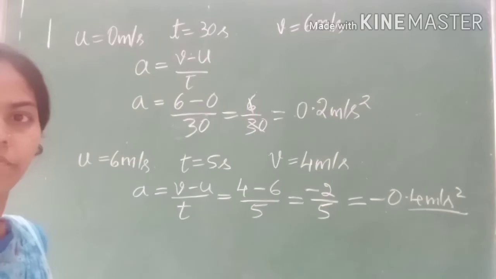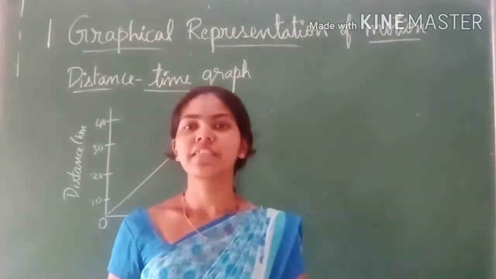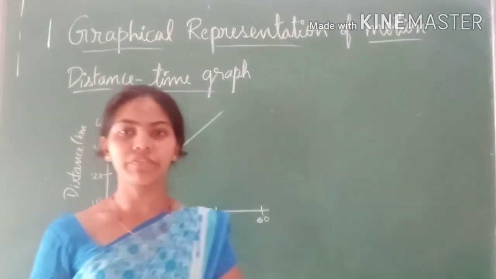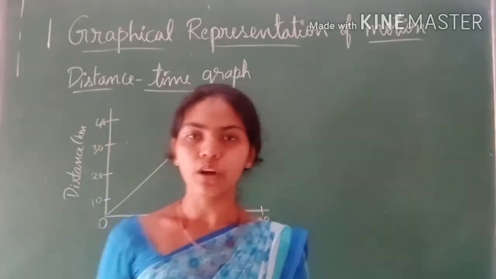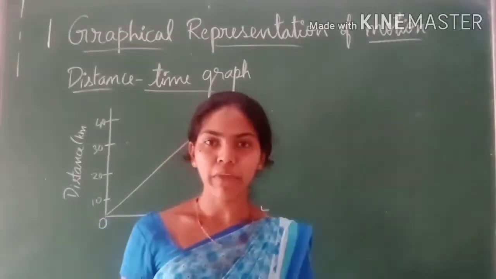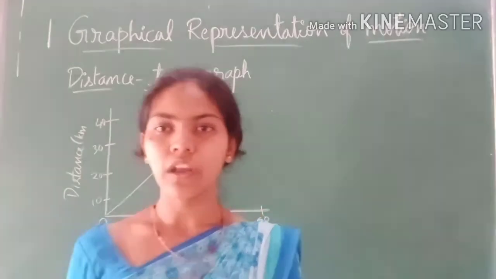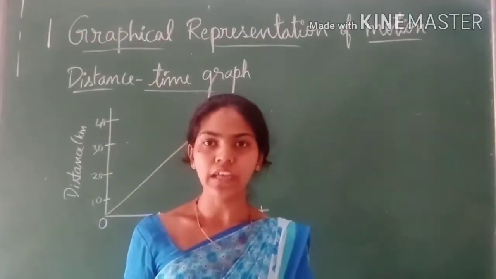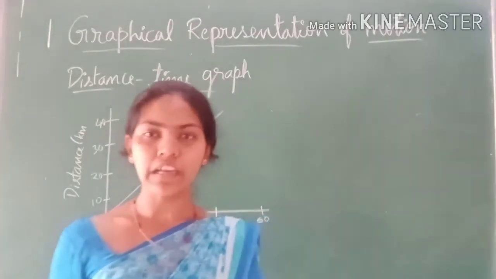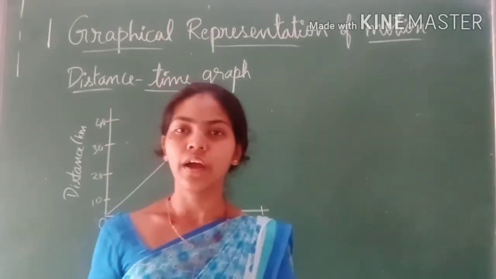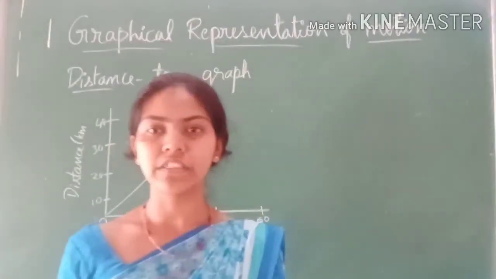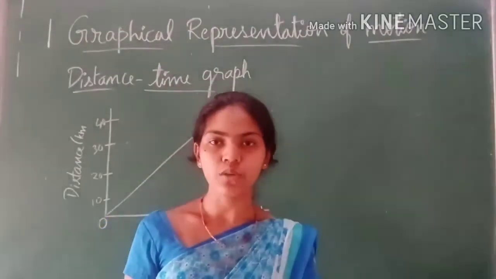Got it? The next concept is the graphical representation of motion. If you watch a cricket match or any football or hockey match on TV, you can see the graphical representation of the score, which batsman scored how much or which team scored how much.